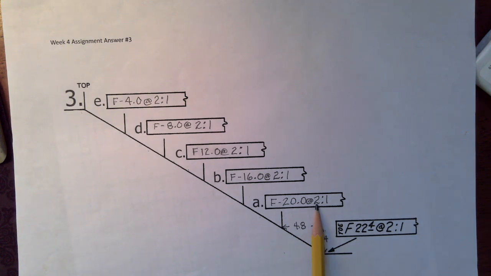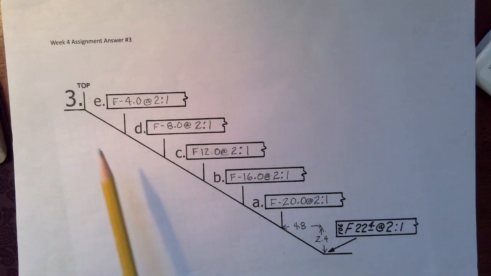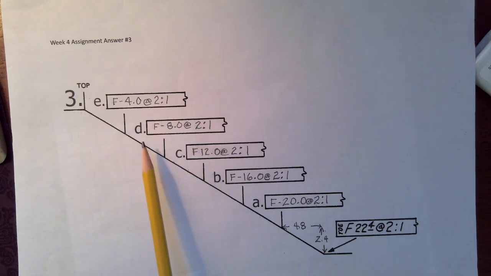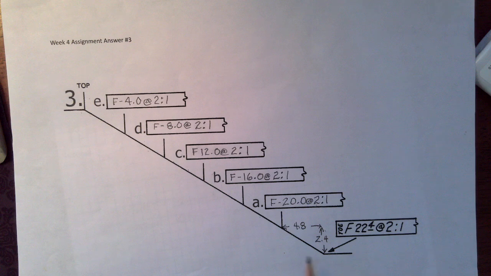You will have to write it on paper, take a picture, and upload it. But if you have a text box, the answer for number 3 will have an A answer, a B answer, a C answer, a D answer, and an E answer. So let's go through those.